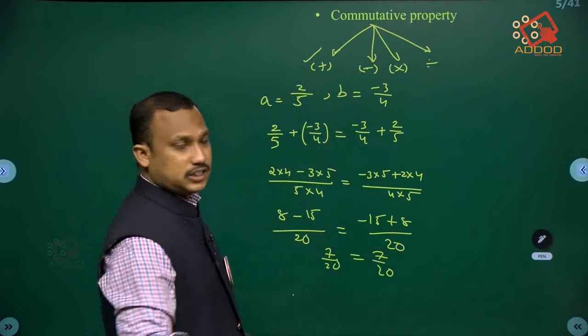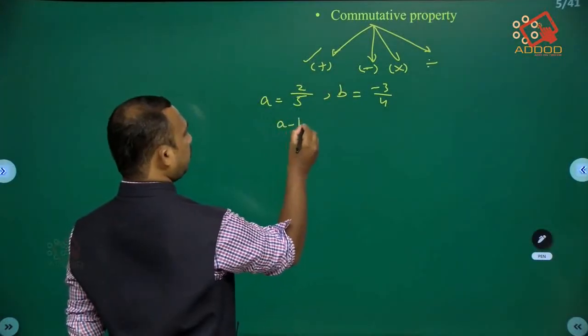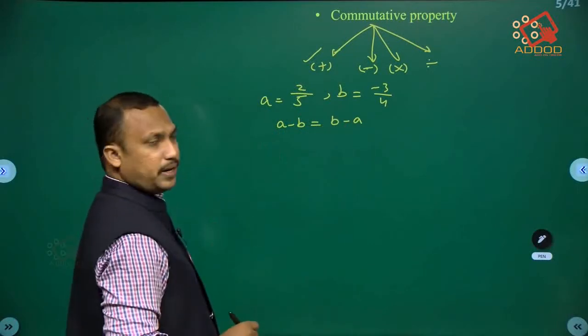Next, subtraction. a minus b equal to b minus a.